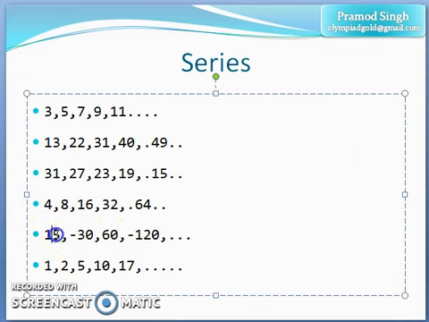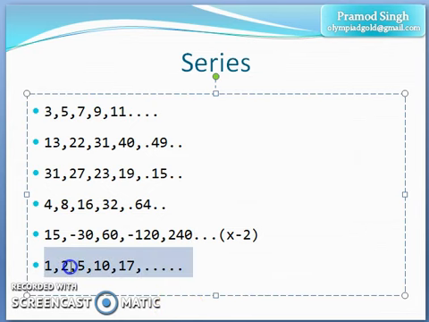So it means the multiplication is of minus 2. So if you multiply minus 2, then it will come. So if you multiply minus 2 to 120, it will be 240, and that will be plus this time.